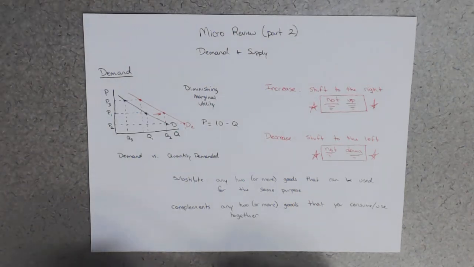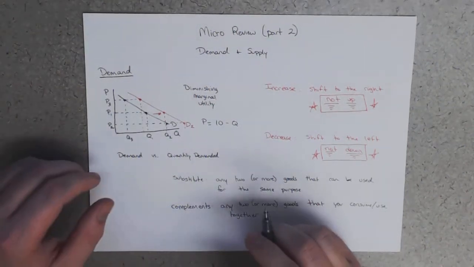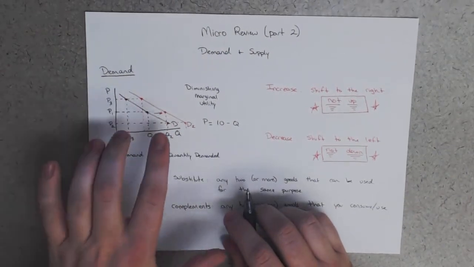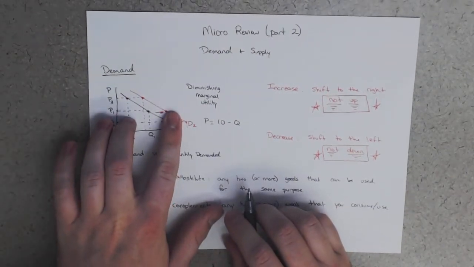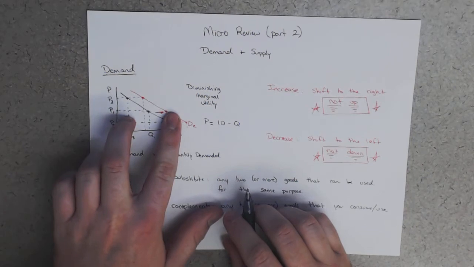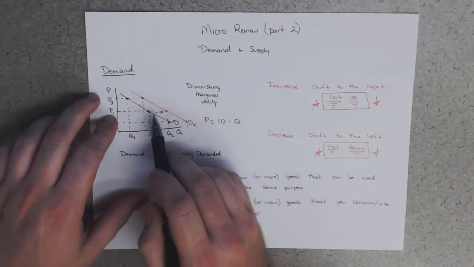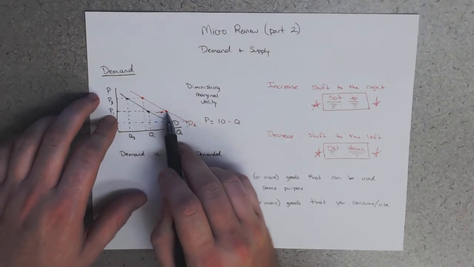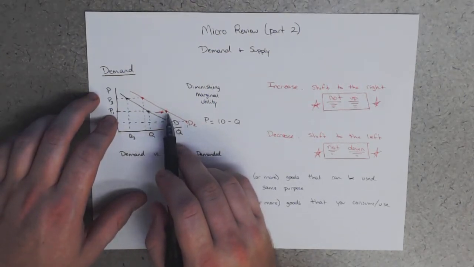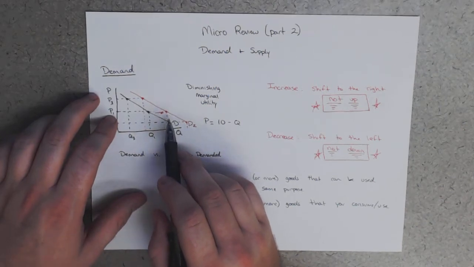And so here's how we can show it. Let's imagine this is the market for hot dog buns. If the price of hot dogs falls, your demand for hot dog buns will increase.